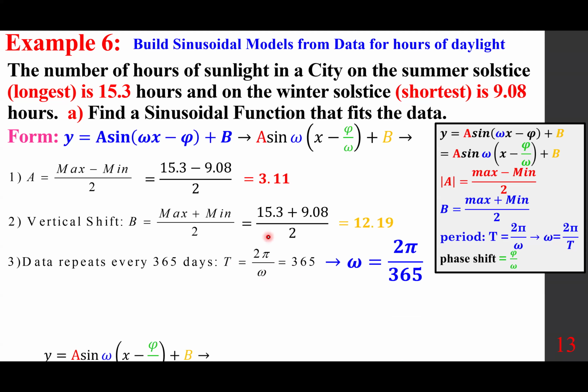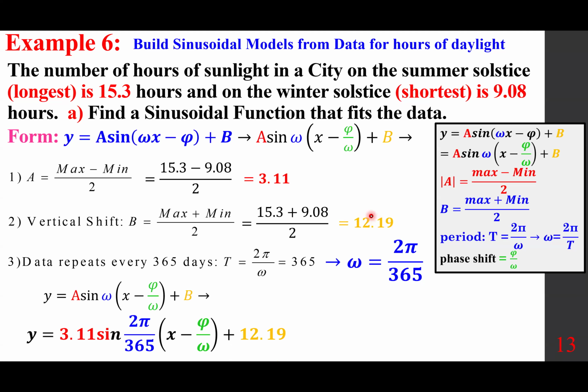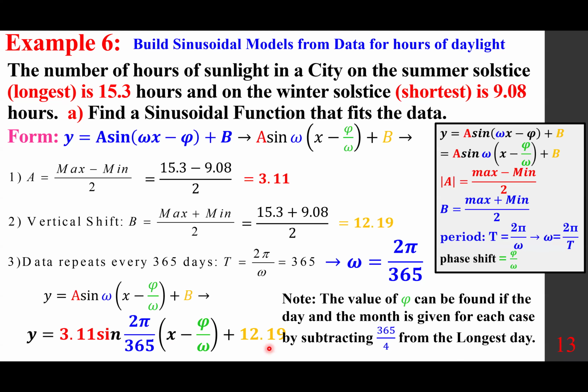So plug in to this, replace the A, replace the omega, phi over omega, okay, and the B, and we get y equals 3.11 sine of 2 pi over 365 parentheses x minus phi over omega plus 12.19. And of course, note the value of phi can be found if the day and the month is given for each case by subtracting 365 over 4 from the longest day, as we did in the previous example.